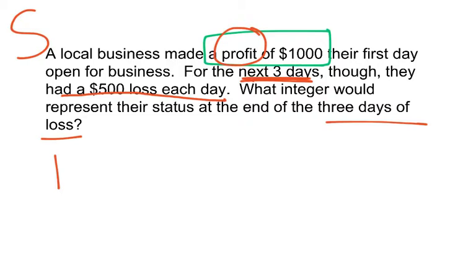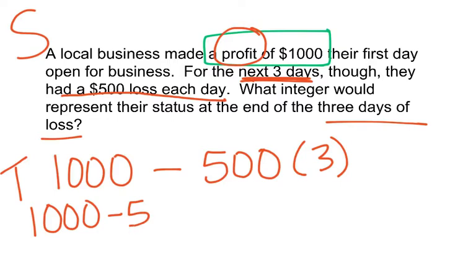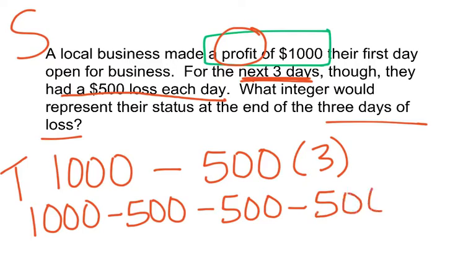So their first day, they were at a 1,000. I'm translating this. Then they went down or lost $500 for the next 3 days. So one thing I can do is I could say down 500 for 3 days and use that. I could do 1,000, take away 500 for the first day, 500 the second day, 500 the third day.